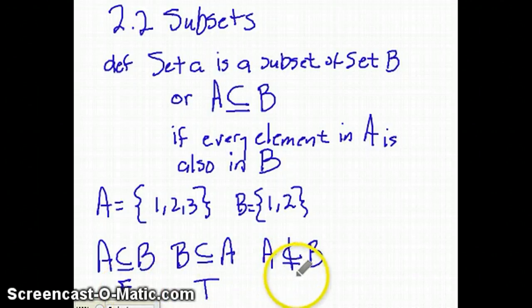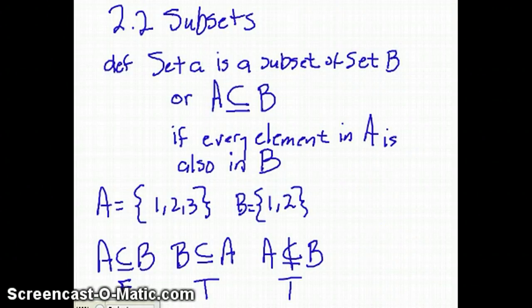So would that statement be true or false? Well, let's see. Is A a subset of B? Well, no, it's not. So this means no. So yes, that would be true. So try to remember this. It's either true or it's false. There is no gray area. Okay? So keep that in mind.